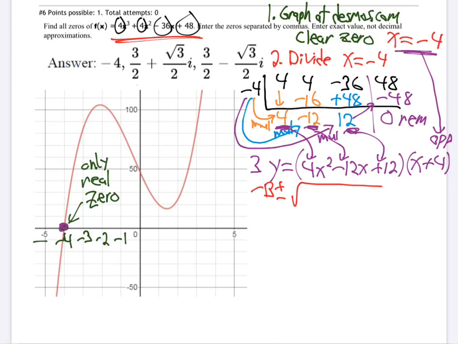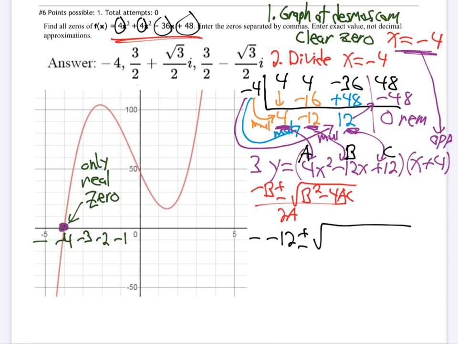Negative b plus or minus the square root of b squared minus 4ac all over 2a. Okay, so that's going to be, let's see, this is a, b, c, negative negative 12, plus or minus the square root of b squared minus 4 times a times c all over 2a.